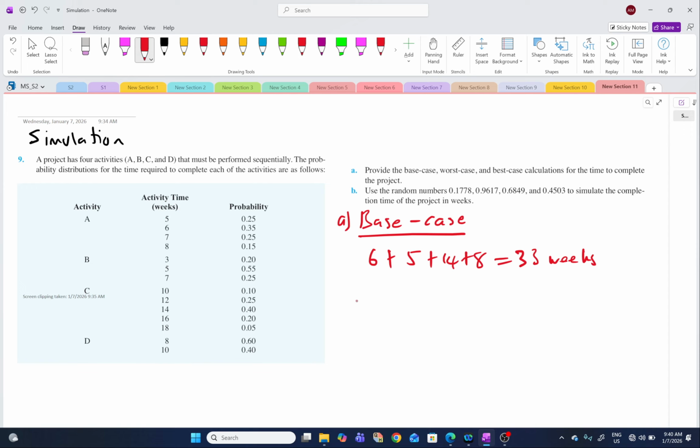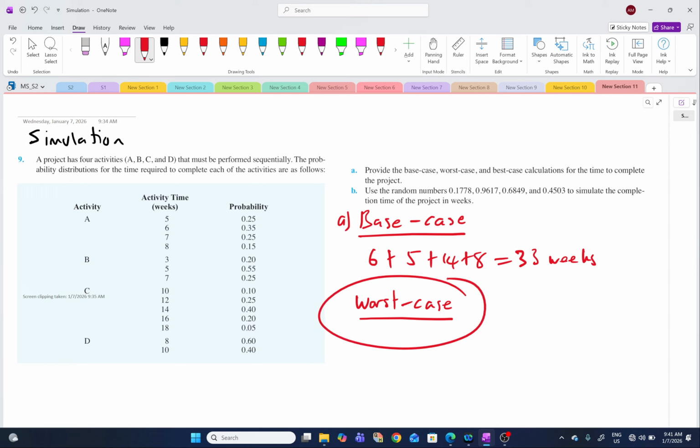So now I'm going for worst case. For worst case, actually any project, if it is done quickly, known as best case. Kalau masa tu mengambil lama, dia adalah worst case.